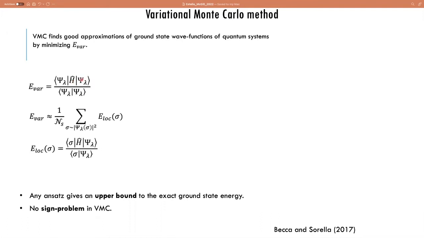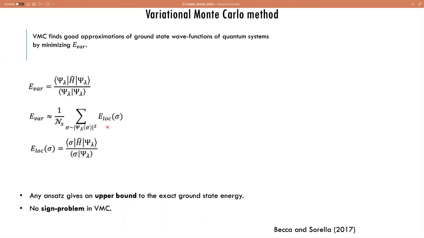Right, so we replace the quantum mechanical expectation value. This is, for those who are not that familiar, a Dirac notation for quantum mechanics. But we replace it with statistical expectation values, where all the summations over exponentially many states are gone, replaced with a sum over a polynomial number of states, where each sample is drawn according to the absolute value squared of the ansatz that we chose, right?